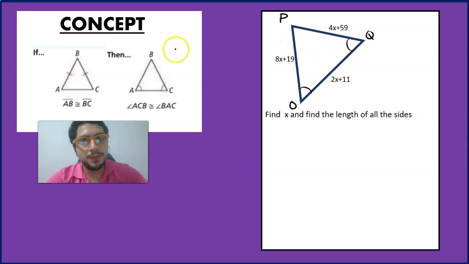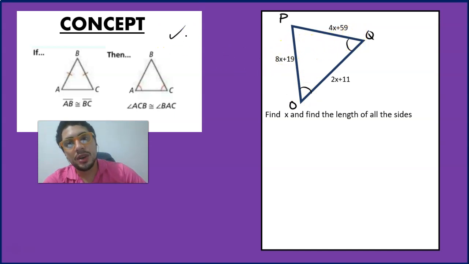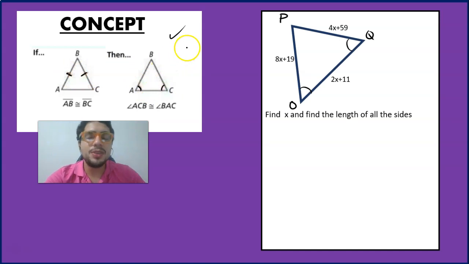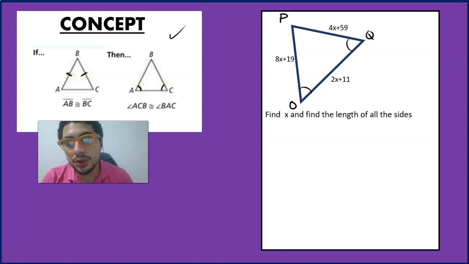Now, we do know, because of the isosceles triangle theorem, that whenever we have two congruent sides, the opposite angles to those congruent sides are going to be congruent as well. Now, there is something that we call the converse of the isosceles triangle theorem, in which if we're given two congruent angles, in this case POQ and the angle PQO, then we can also deduce that their opposite sides are going to be congruent.